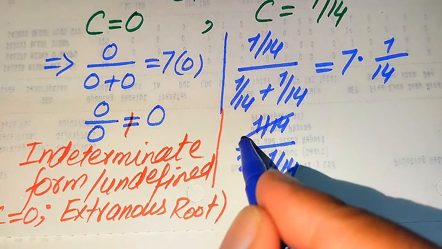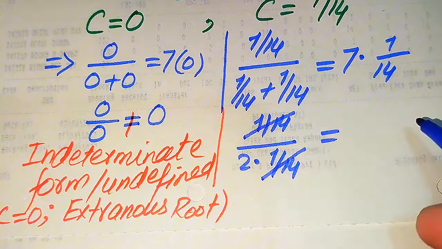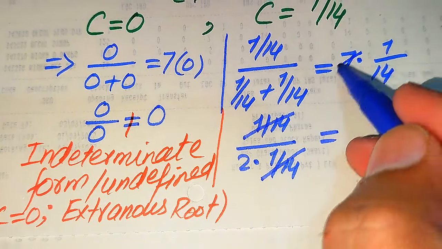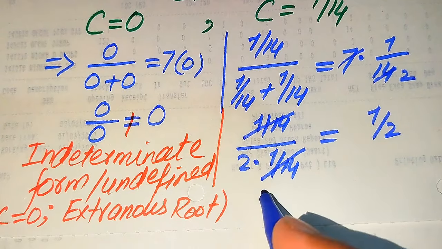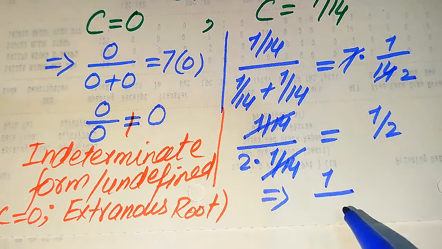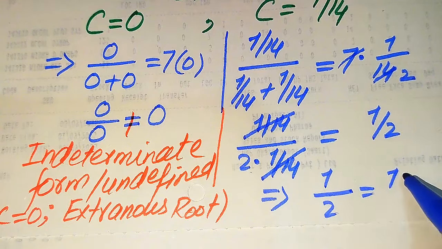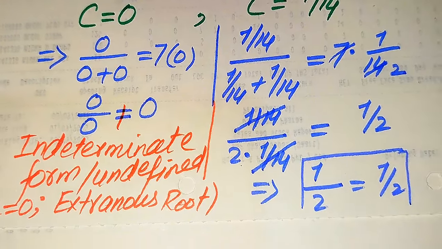So you see here this 1/14 is cancelled out by this 1/14, and on the right hand side we have 7 times 2 becomes 14, so we get 1 over 2. On the left hand side, in the numerator we get 1 and in the denominator we get 2, so it is 1 divided by 2. This shows that both of the sides are equal.